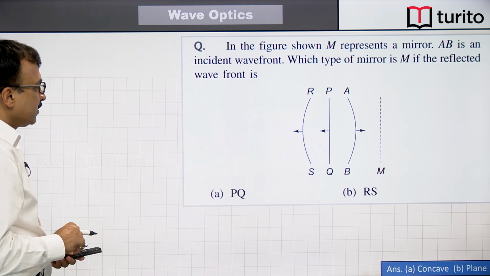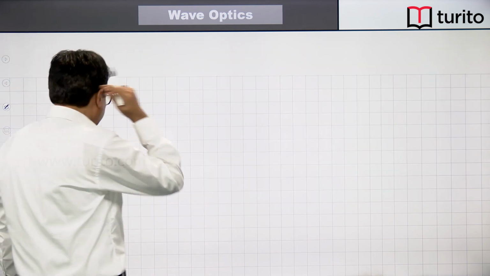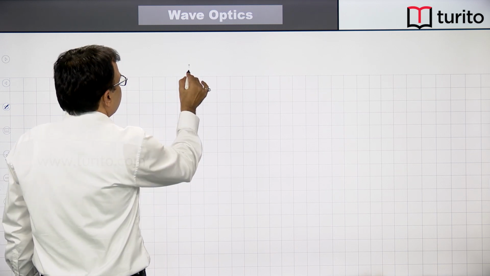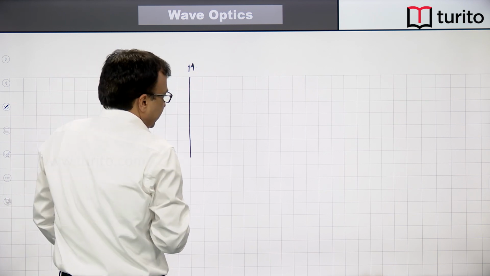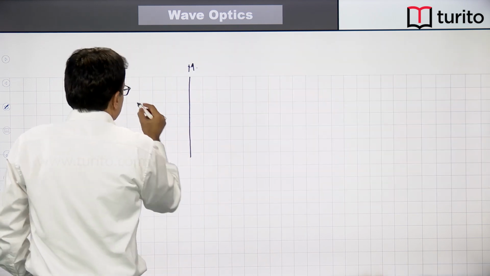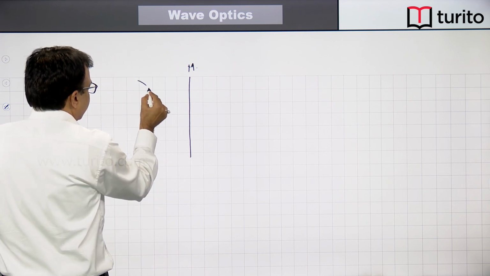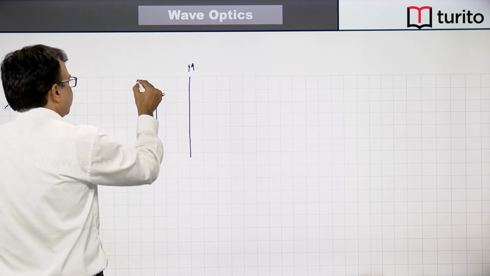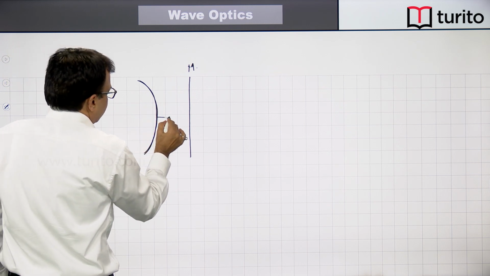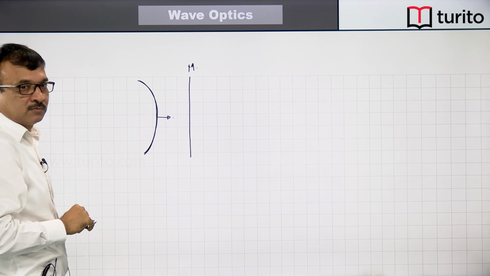If the reflected wavefront is a plane wavefront, then what kind of mirror is this M? Okay. So, let me explain the first case. This is the mirror M, and the incident wavefront is this AB. So, the shape of this incident wavefront is like this. It is moving in this direction.